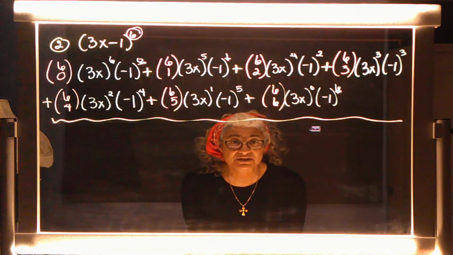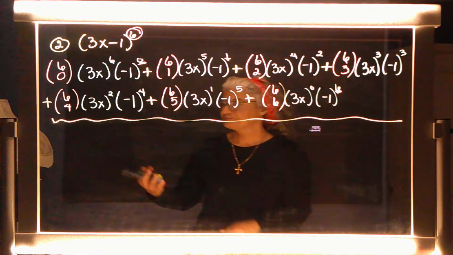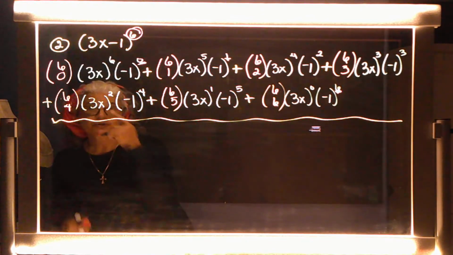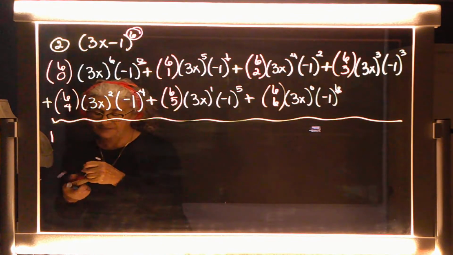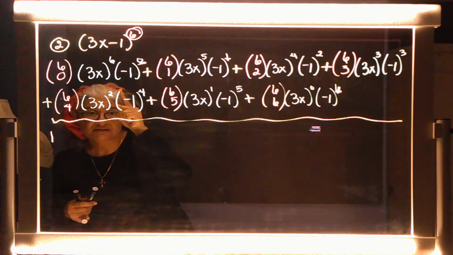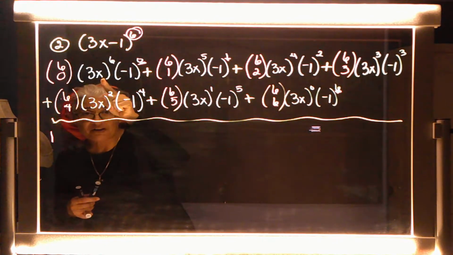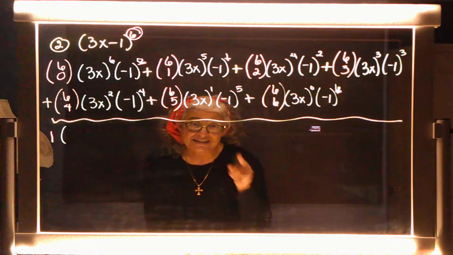Okay, so let's start putting stuff together because we just figured out the coefficients for each term, right? Okay. So on the first term, 6 choose 0, what did we get? Yes, we got 1. Now, we've got to figure out 3x to the power of 6, which means not only is x to the power of 6, but so is the 3. So 3 to the power of 6 is?